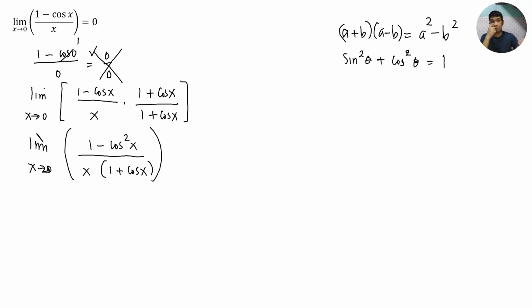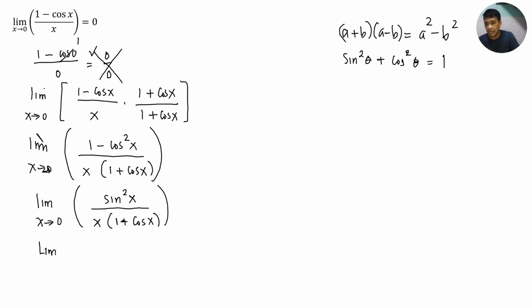So, if I transpose that cosine squared to the right, this numerator is simply sine squared theta. So, this gives us the limit as x approaches 0 of sine squared x all over x times the quantity 1 plus cosine of x.